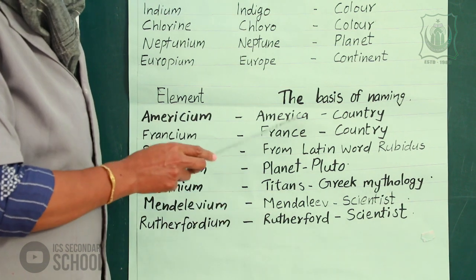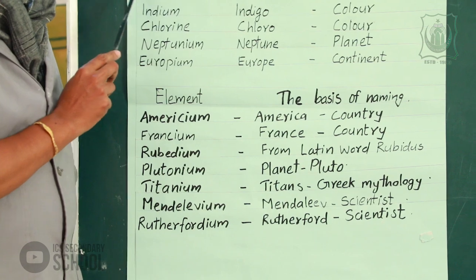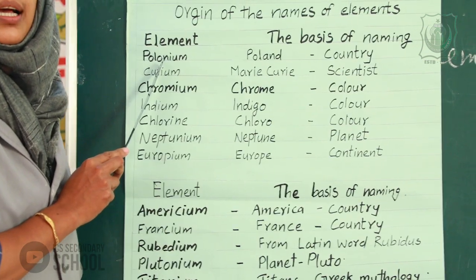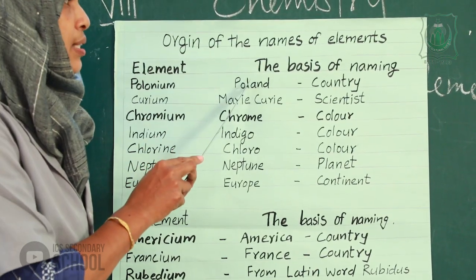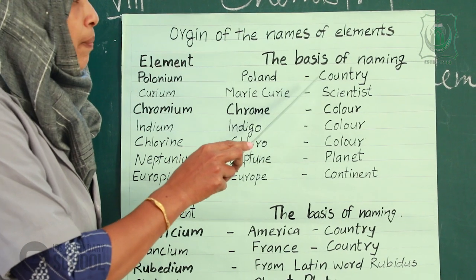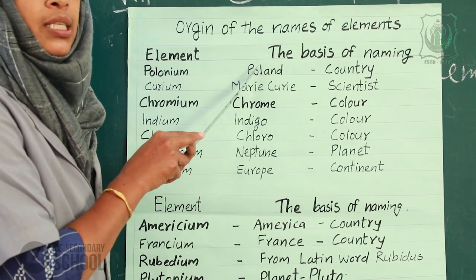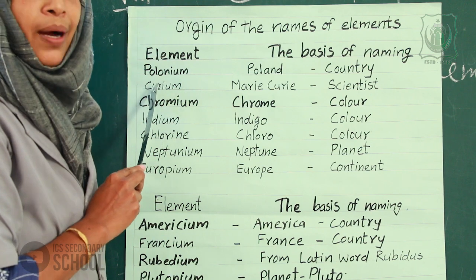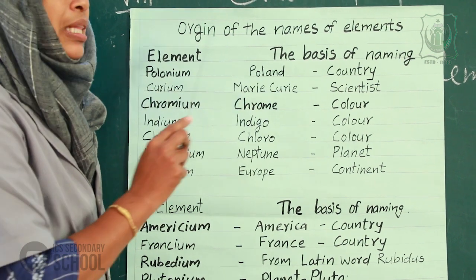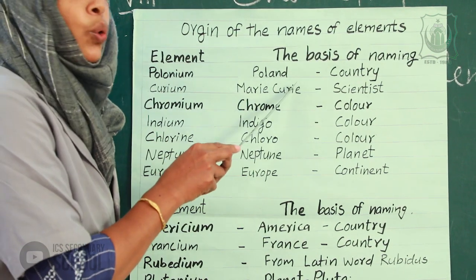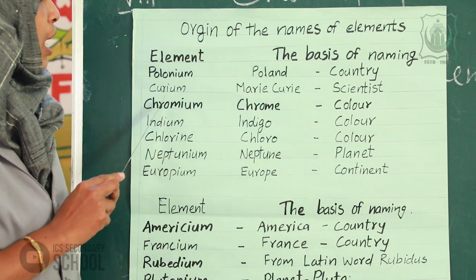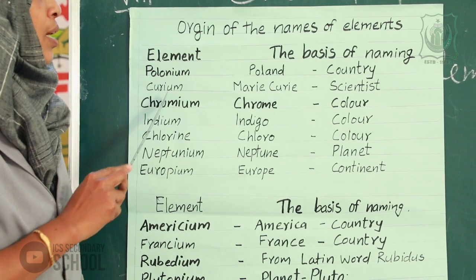Okay, once more. First one, polonium. The name originated from country name Poland. Next one, curium. Originated from the scientist name Marie Curie. Next one, chromium.